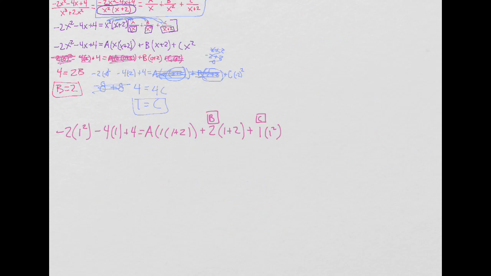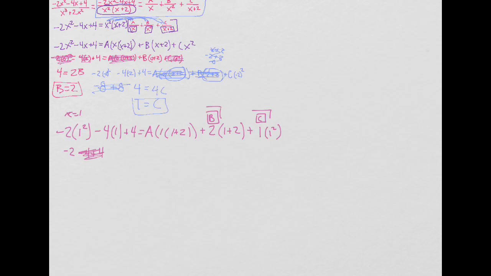So if we substitute x equals 1 into this equation, and the values for b and the values for c into this equation, we get what we have here in pink, and we can simplify this. So 1 squared is 1, so we have negative 2 minus 4 plus 4, 4 and 4 canceling each other out.